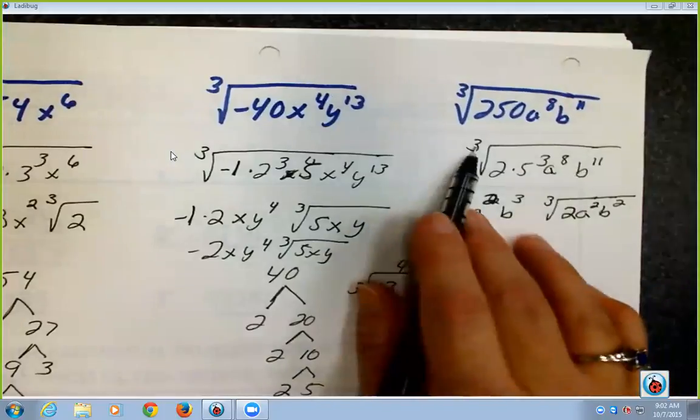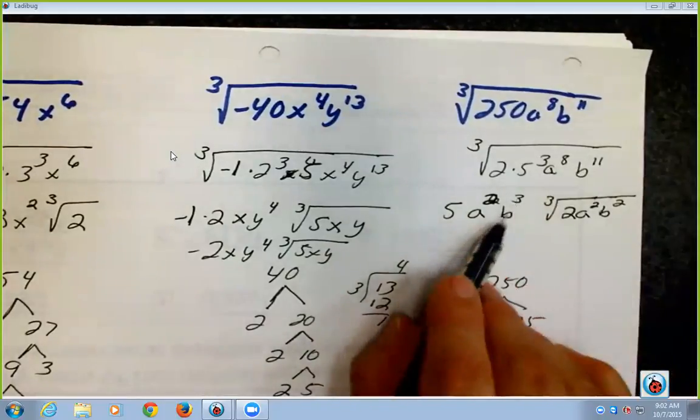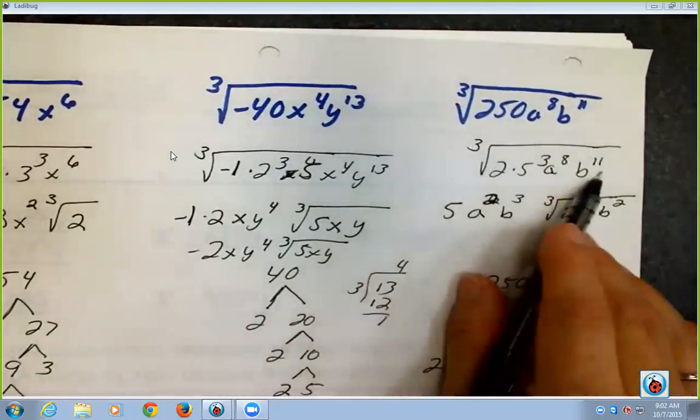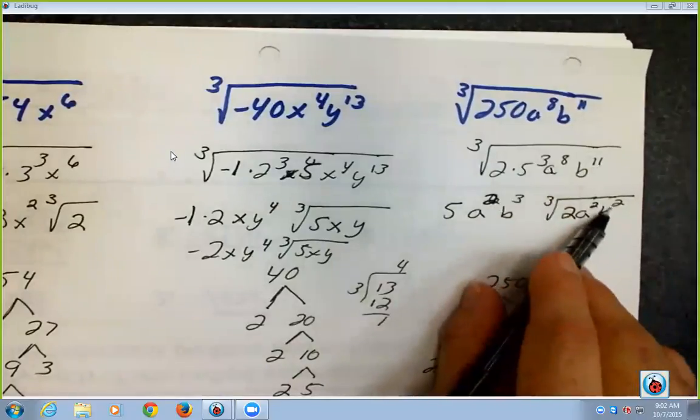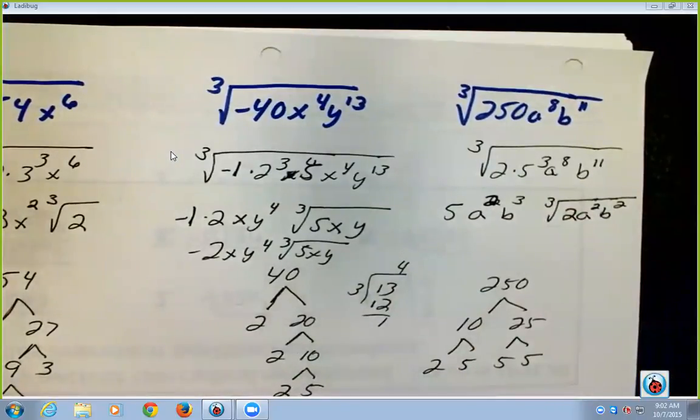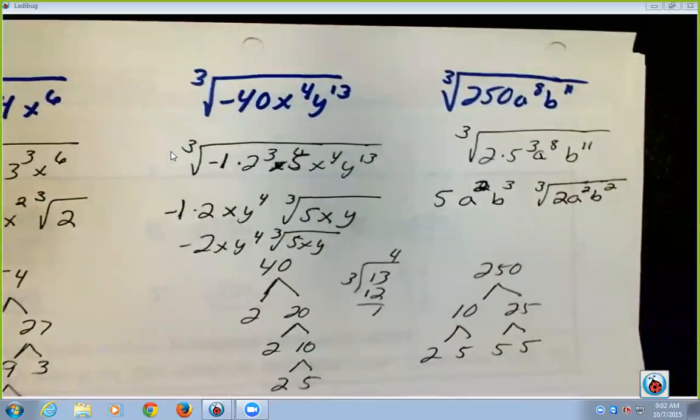Then 3 goes into 11 3 times, so b to the 3rd comes out, but my leftover is a 2, so it stays underneath my radical. Okay, so I can see what pieces need to be left under there with that one. Okay, what do you think?